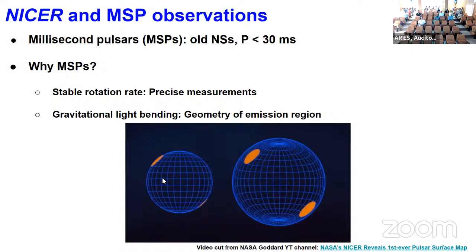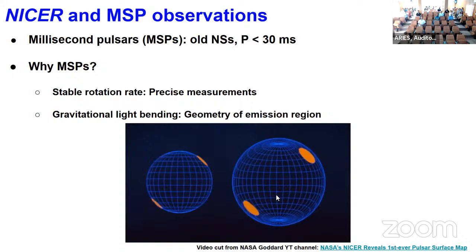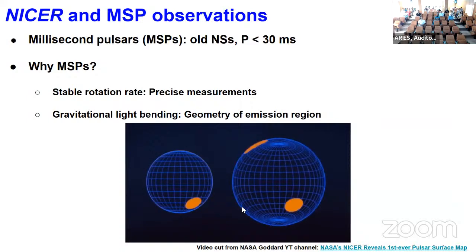They are the emission sites. What's happening over here is for a low mass star on the left, you see them once per cycle if there are 2 spots. But for a heavy mass star, like a millisecond pulsar, you see them throughout the cycle. So we are basically using gravitational light bending to see what the geometry of the emission region looks like.